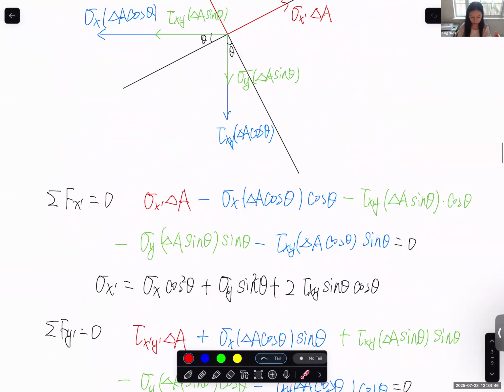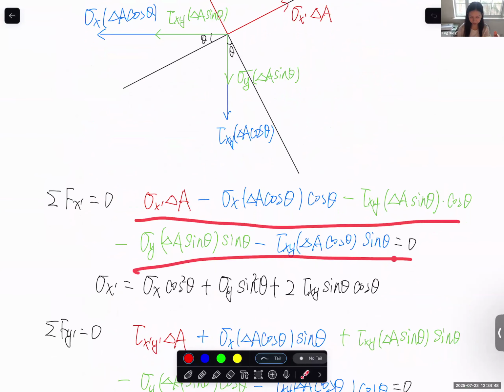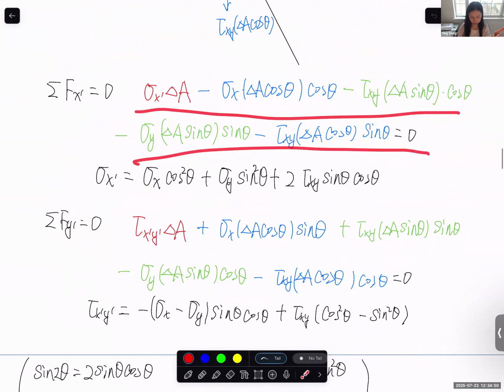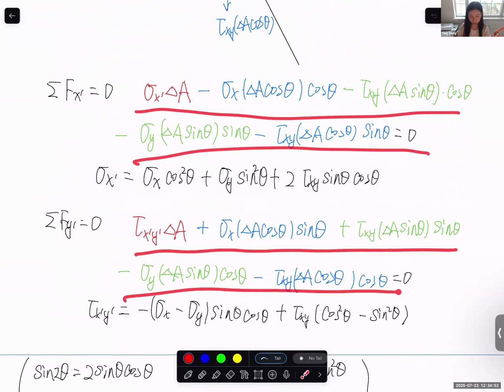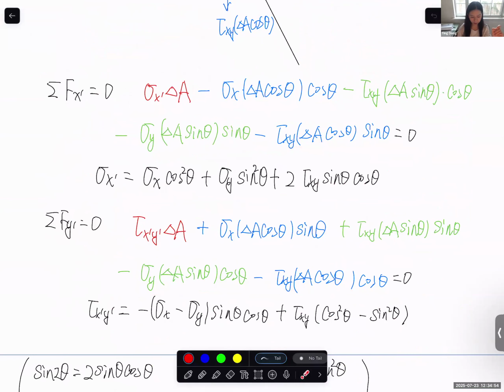So basically, for all the forces in the x prime direction, we have one equation. All the forces in the y prime direction, we have one equation. And we have an expression for sigma x prime, which is the normal stress on the x prime plane after rotation, as a function of theta, and of course sigma x, sigma y, tau x y.